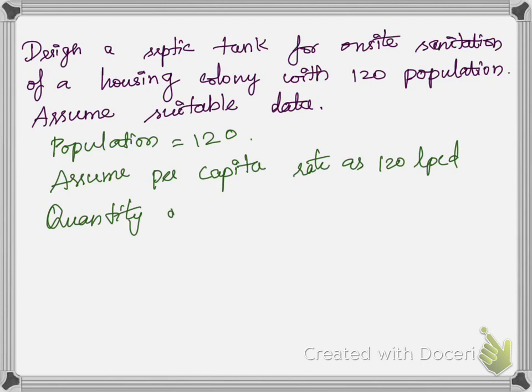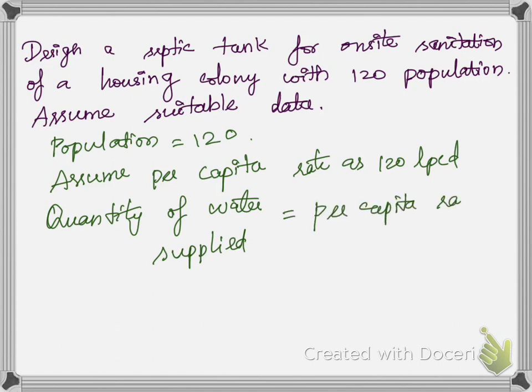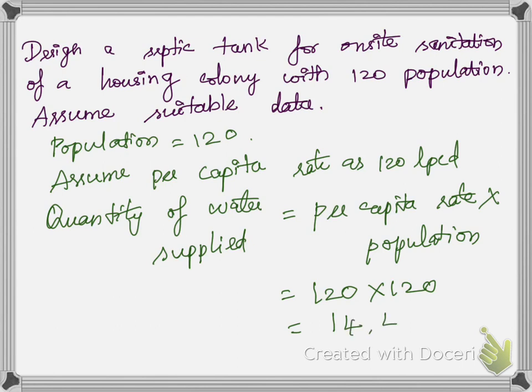Quantity of water supplied will be population into per capita rate. So per capita rate into population. Here per capita rate will be 120, and population is also 120. So we'll be getting 14,400 liters per day.